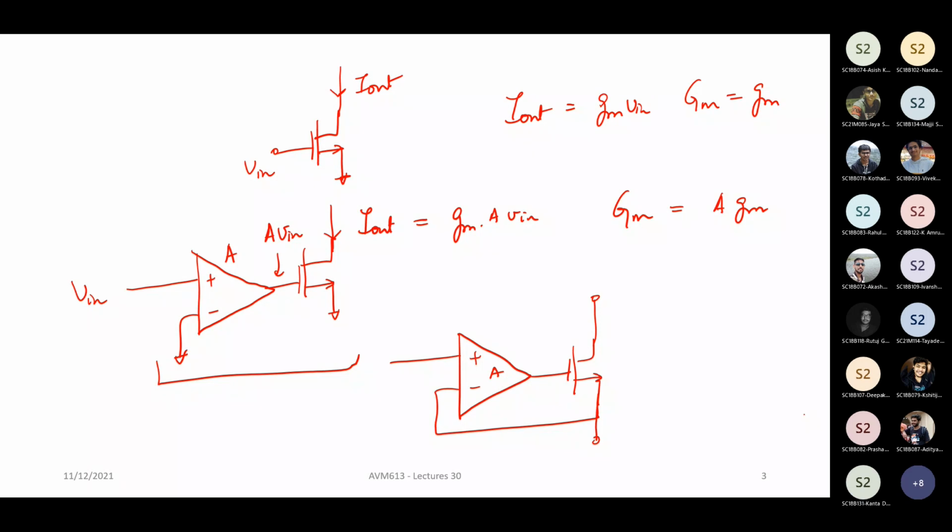Only thing is that you have now taken this whole thing together as a gain boosted transistor. So you can talk about I out and V in, and this node need not be at ground, it can be anywhere, and this becomes your gain boosted transistor. All right.